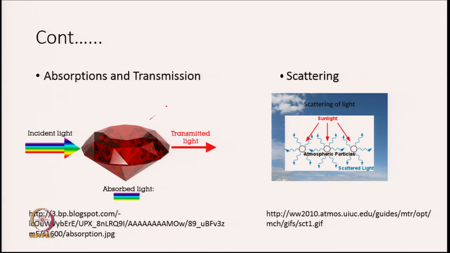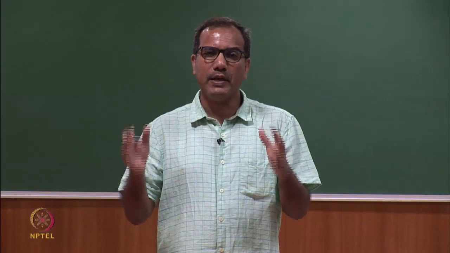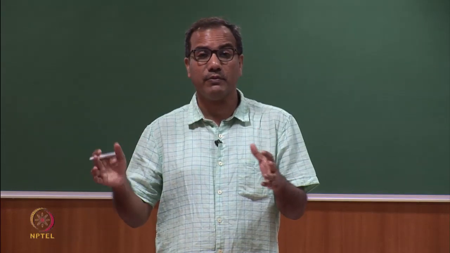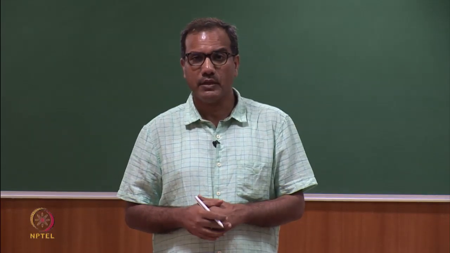The color can also be due to scattered light. For example, from the sunlight we get a continuous spectrum. What that means is we are getting waves of a whole range of wavelengths from the sun.